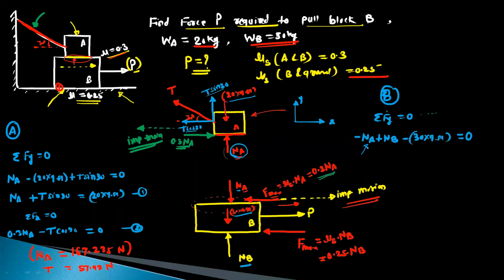Now here the NA value is known, which is equal to 167.235. So you will get NB equal to NA on the right side becoming positive, 167.235, then 30 into 9.81 also becomes positive, so plus 30 into 9.81.